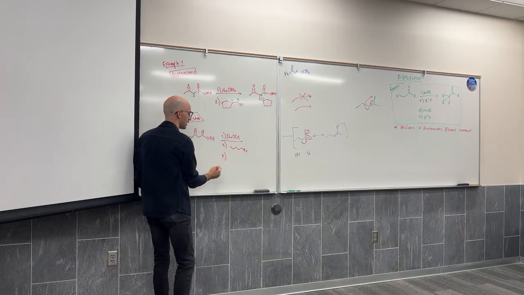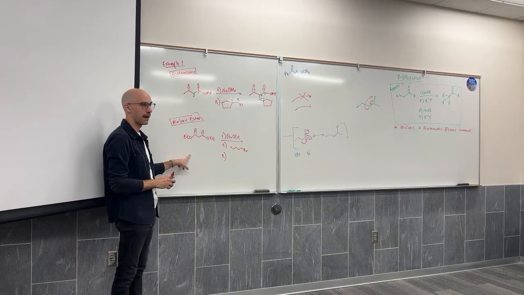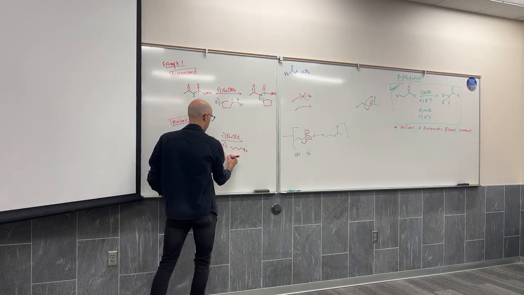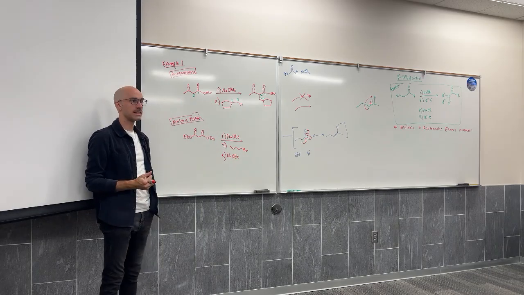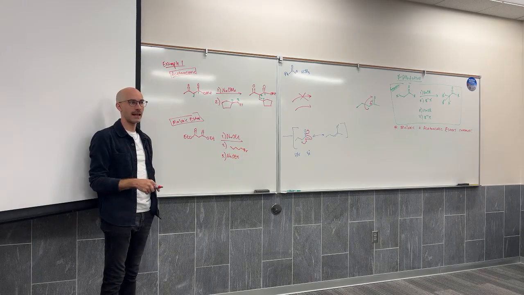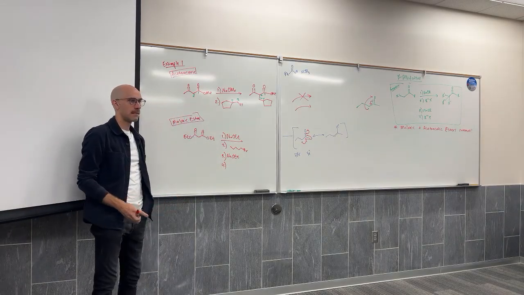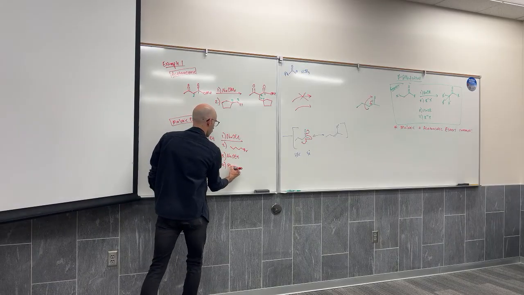All right, now it should be easy at this point to just say the product will be the malonic ester, but with a 5-carbon chain coming down it. So now I want to do a second alkylation, which means I need to deprotonate that alpha position again. And I'm going to follow this up with benzyl chloride.